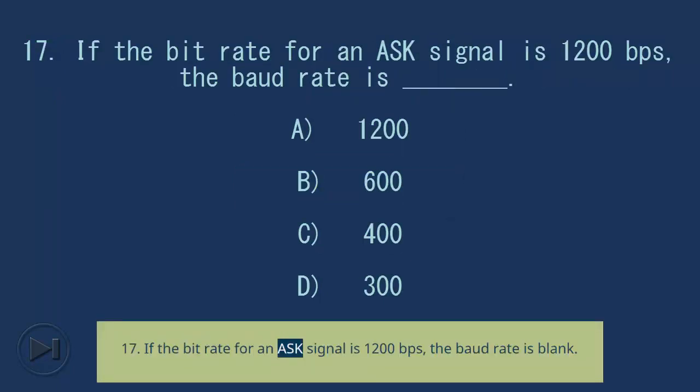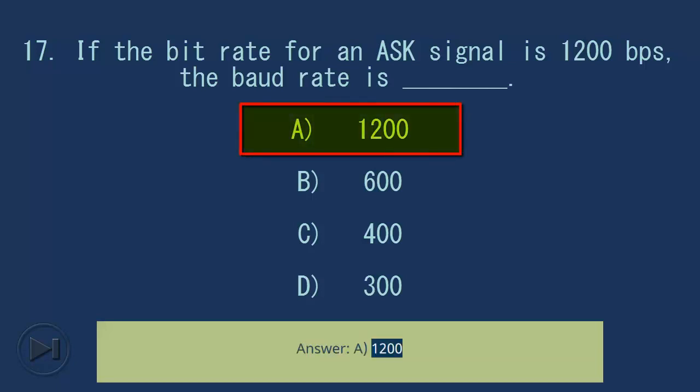If the bit rate for an ASK signal is 1200 bps, the baud rate is blank. A. 1200. B. 600. C. 400. D. 300. Answer, A. 1200.